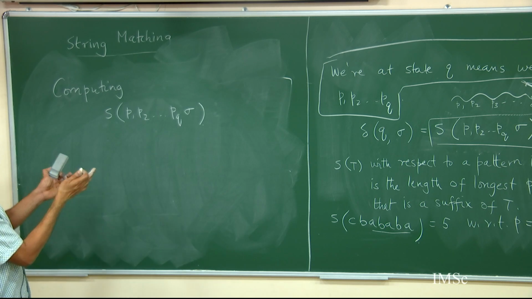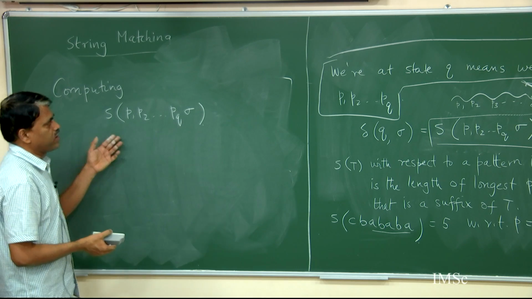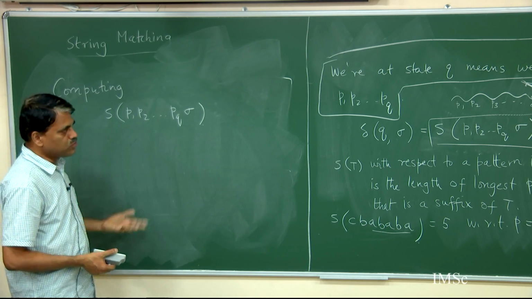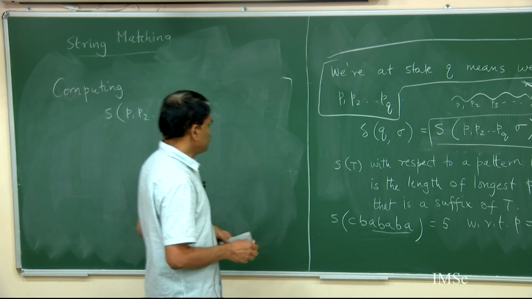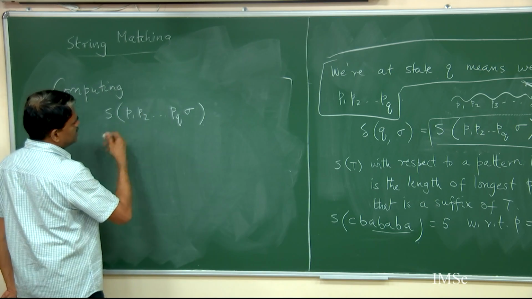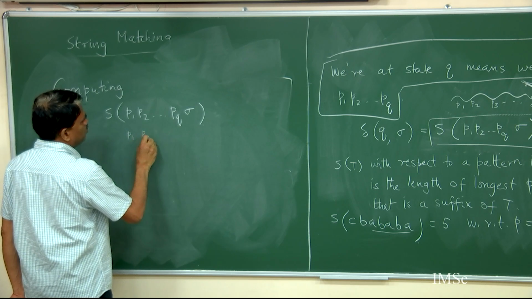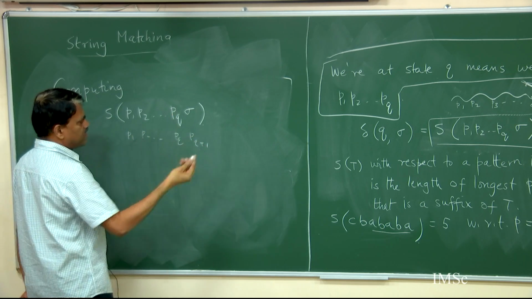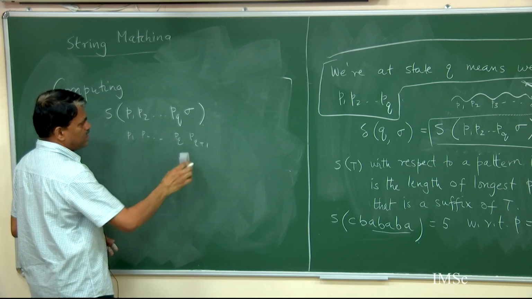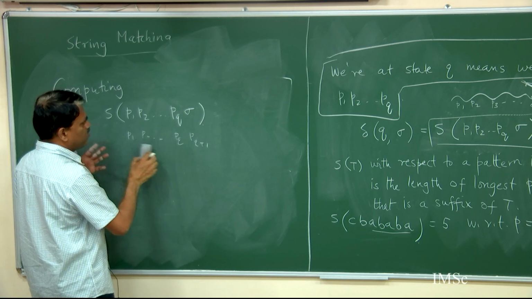The maximum this number can be is q plus 1. So I start with q plus 1 because I am looking for the longest prefix of p that is a suffix of the text. I start with matching p1, p2, ..., pq and p_{q+1}. I will check, and if that does not match, then I try q.